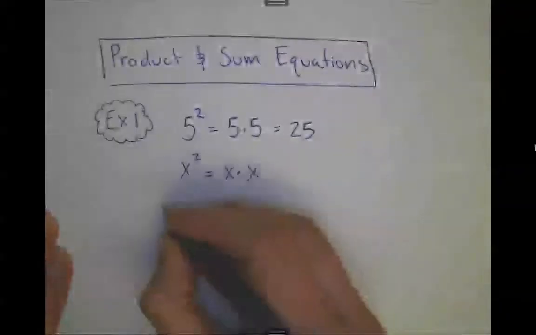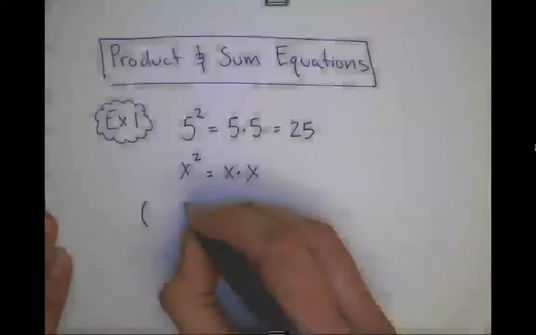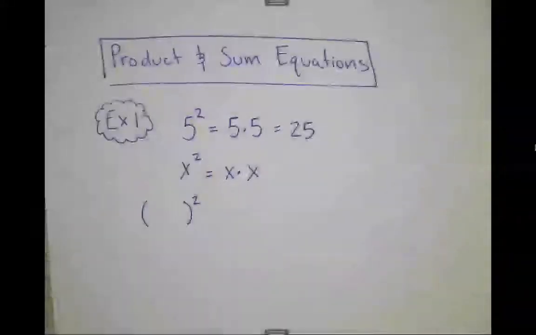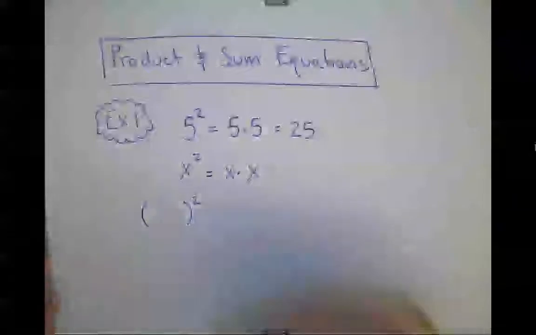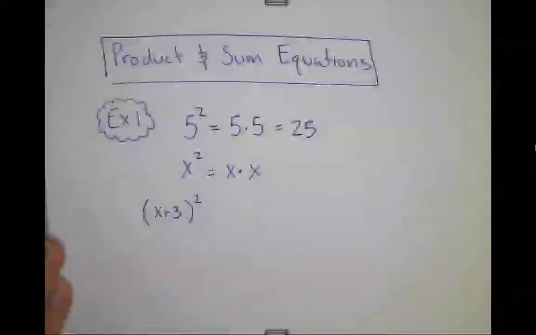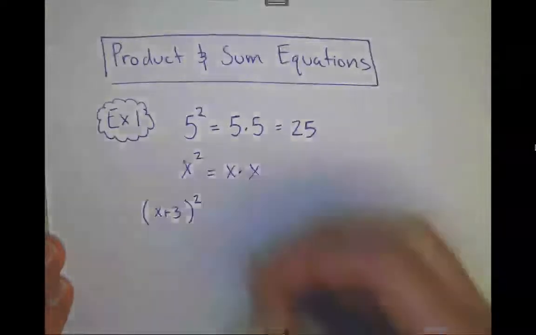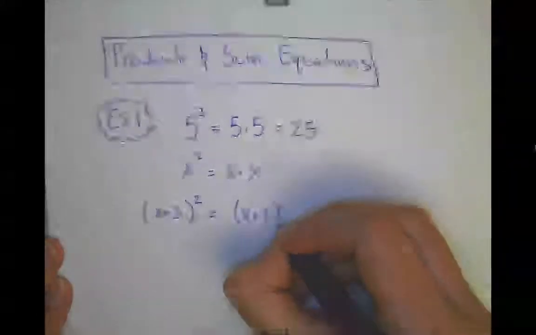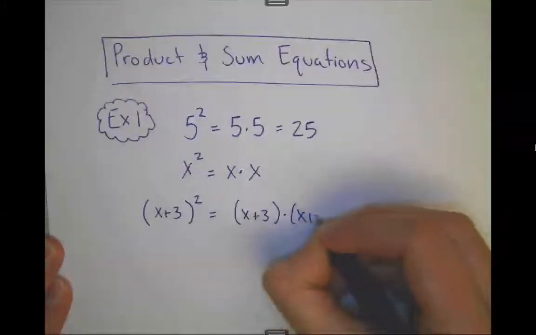So if I told you today we're going to be working with quantity squared, a parenthesis with something squared, and inside that parenthesis you could have anything. Let's say you have x plus 3. Then x plus 3 to the second power means I have x plus 3 times x plus 3.